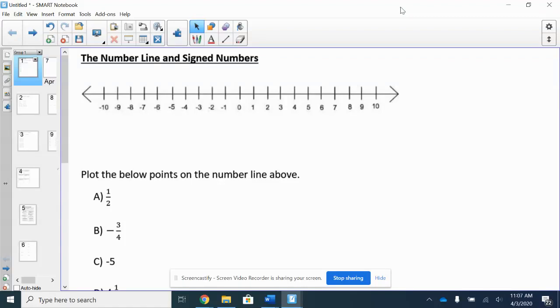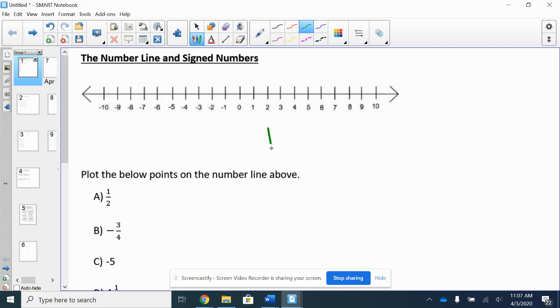In this video and the upcoming videos, we are going to talk about the number line and integers. So a number line, I know you guys have all seen a number line before, but it is important to realize the order of our number system. So we have all positive numbers when we have a typical number line.